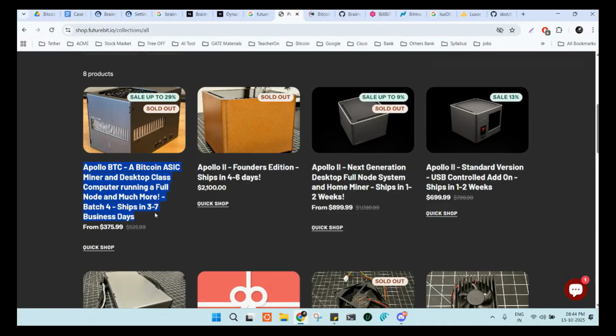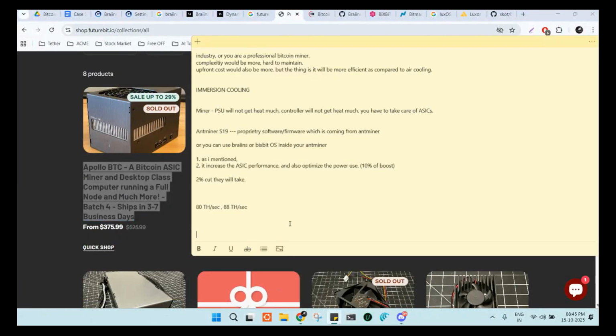We just want to contribute to the Bitcoin ecosystem. We want to run a full node, and also we want to run a silent miner, which can be put somewhere at home, very less noisy, taking some 200, 300 watts. But what we call more optimal is watt per terahash.